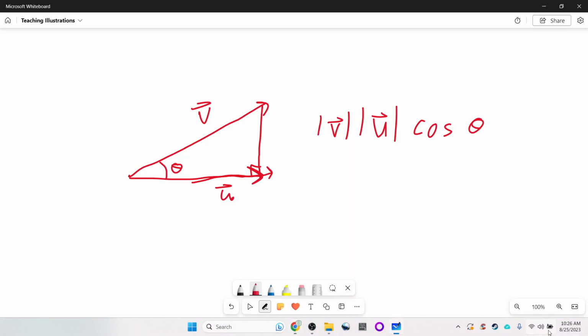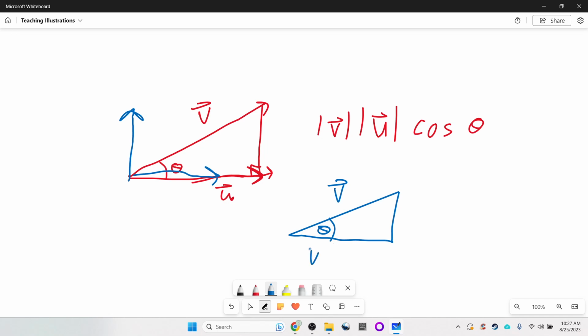What happens when they're at an angle is that v gets broken up into a part of v that goes in this direction and a part of v that goes in this direction. Here's v, here's theta. We're just going to say how much of v is on this bottom part.